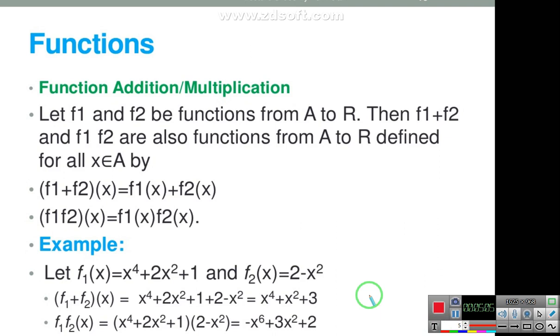So now coming to function addition and multiplication. Let f1 and f2 be functions from A to R. What does it mean, A to R? R means the real numbers.